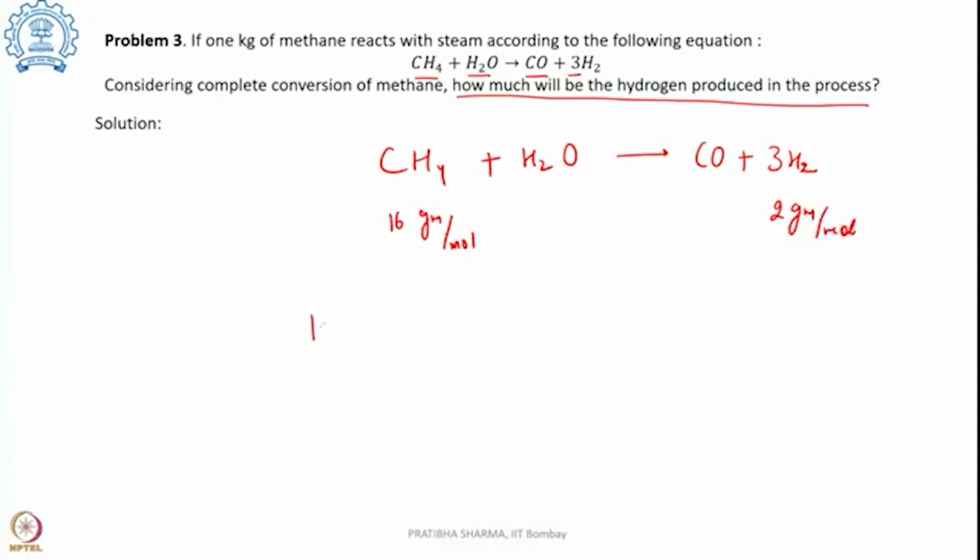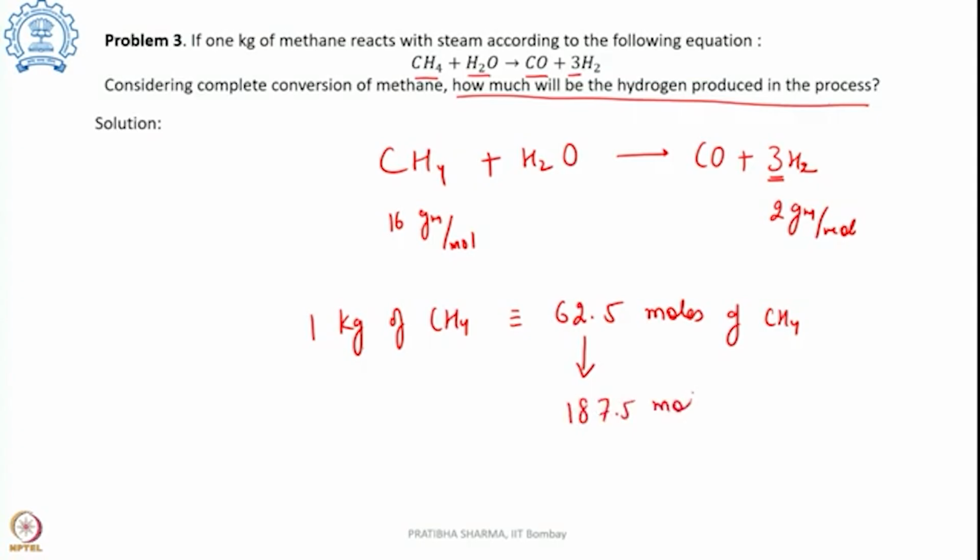So, if we look at 1 kg of methane being used in the process, that is equivalent to say 62.5 moles of methane, which is going to produce 3 times hydrogen, which is equivalent to 187.5 moles of hydrogen.